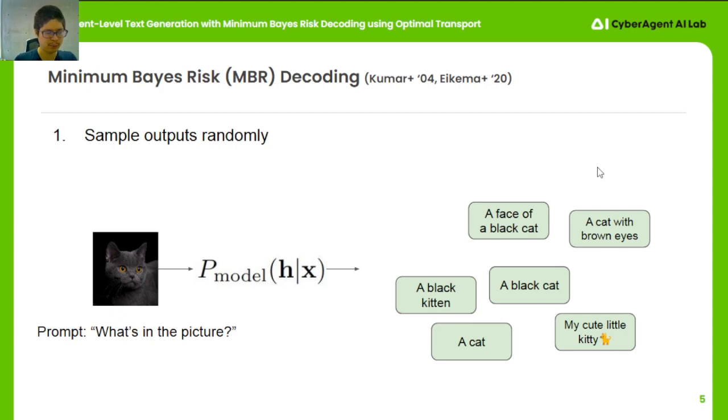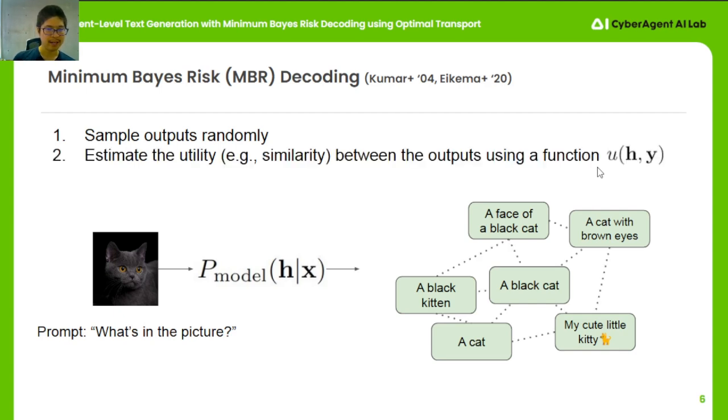So what is MBR doing? Let's say we have a picture of a cat, and we have a model. Instead of sampling one sequence, we sample outputs randomly, because you can do it using computation, so you don't need annotation. You can just do it at test time. So this is kind of free. And then you estimate the utility, which, if you're not familiar with it, you can think of as a similarity between the outputs using a function u, which I'm going to explain later on.